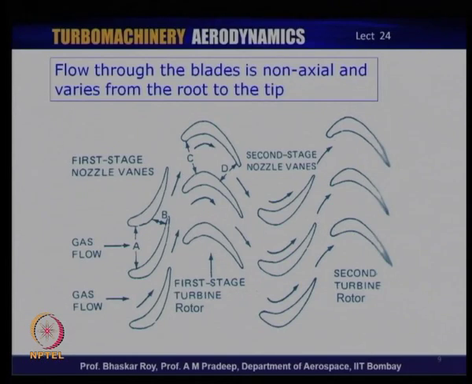Now, you have to remember that this is varying from root to tip. So, the amount of turning it does in each row of blade, whether nozzle or rotor, would be actually varying from root to the tip of that particular blade. So, the fundamental aerodynamic parameter actually is variable from root to the tip of each single row of blades.